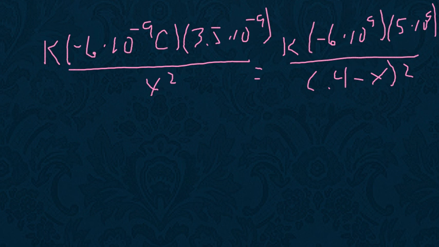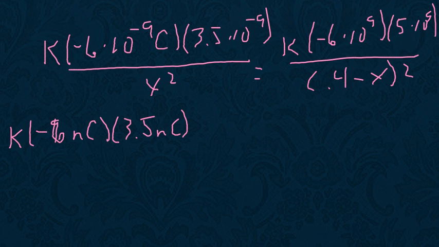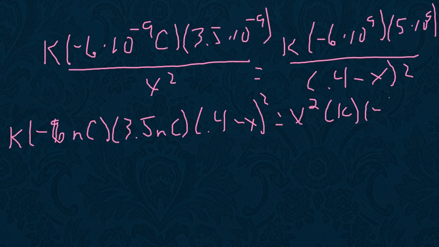A little bit of cross multiplication, and obviously these numbers are starting to get pretty big, so I'm going to go back to the nanocoulomb notation, but remember what it's actually standing for, okay? K, negative 6 nanocoulomb, 3.5 nanocoulomb, times 0.4 minus x squared is x squared times K times negative 6 nanocoulomb, and I'm going to have to squeeze them in there, 5 nanocoulomb.